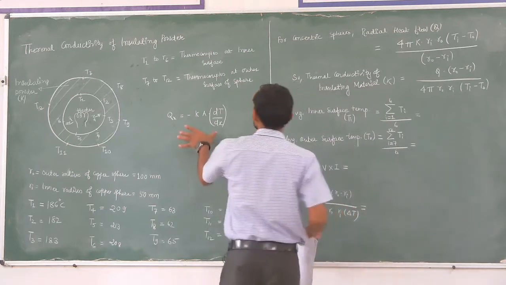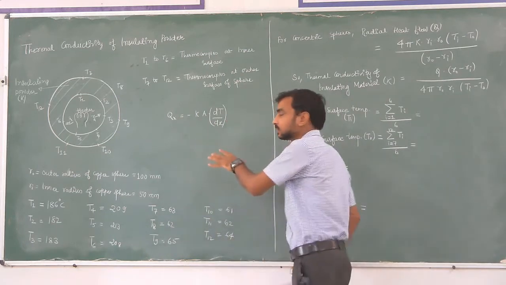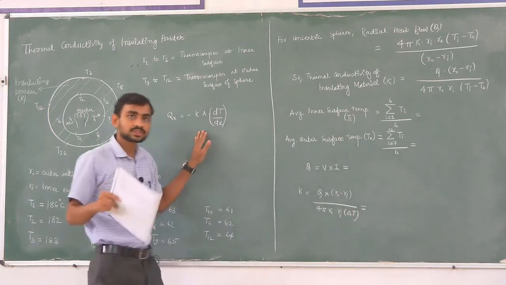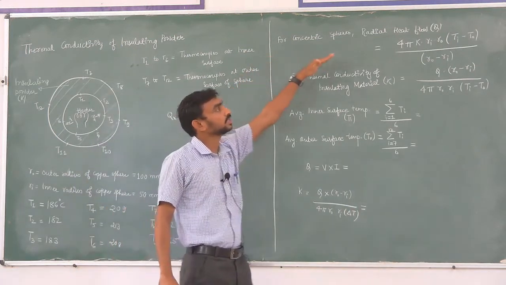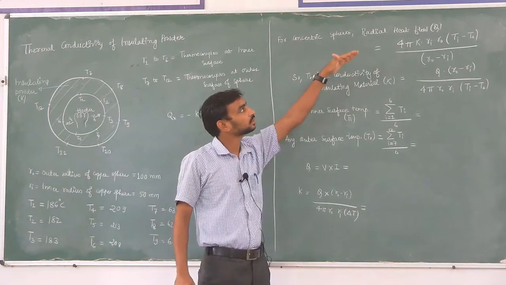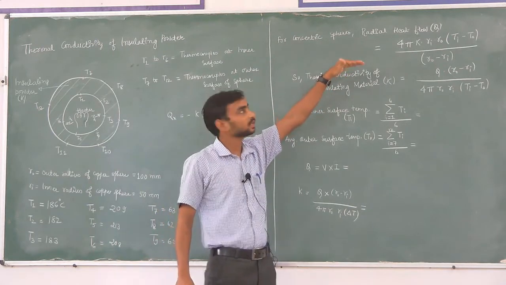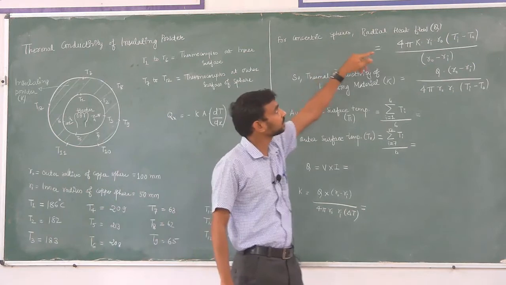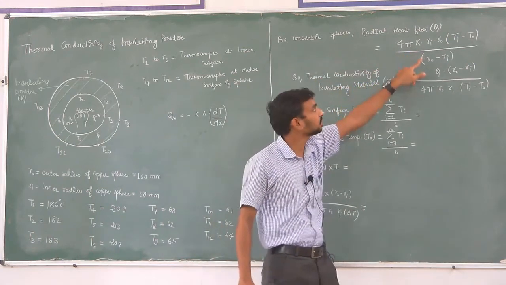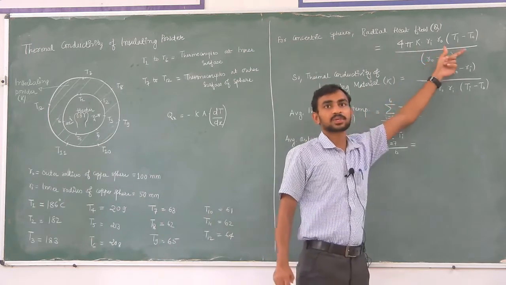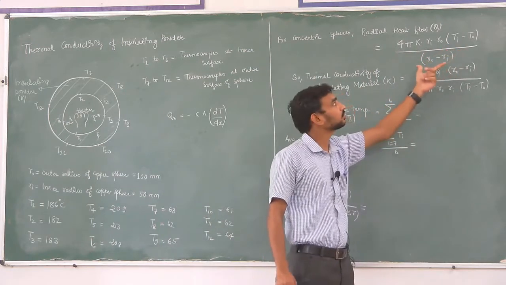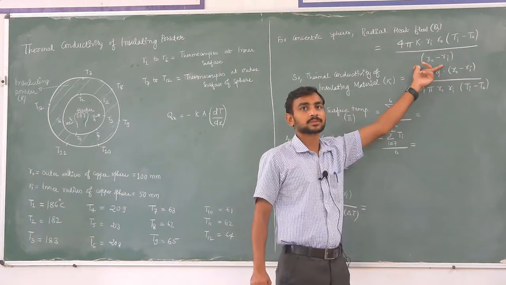If we simplify this heat conduction equation for the present case, which is spherical, so for concentric spheres, radial heat transfer can be calculated as 4 pi thermal conductivity into inner radius into outer radius, into temperature difference between inner and outer, divided by thickness.